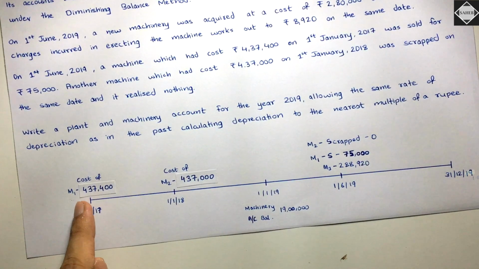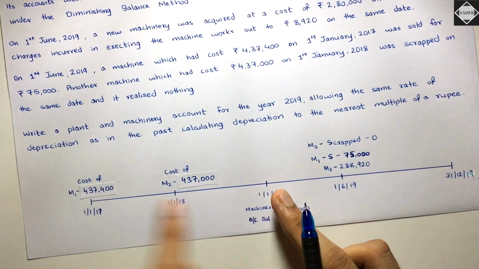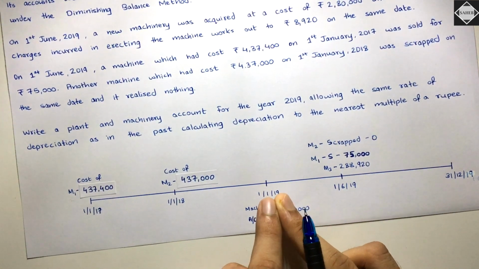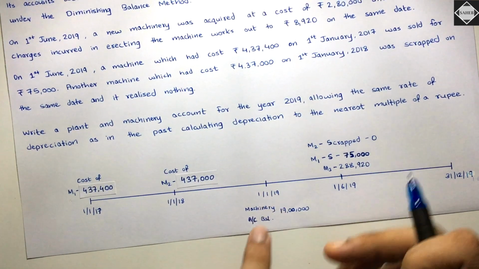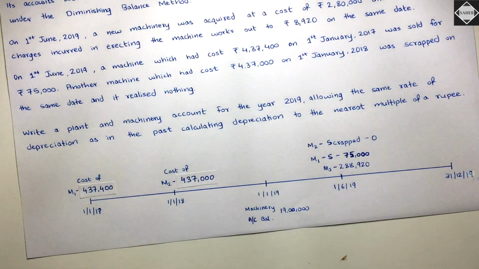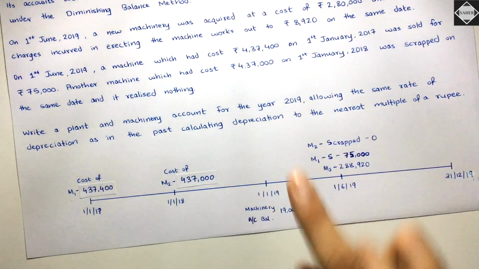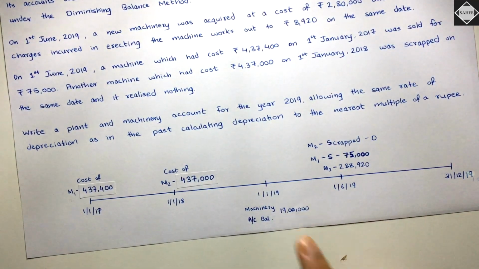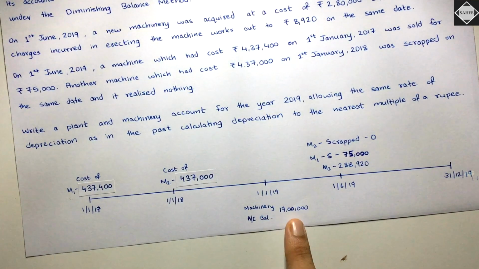You depreciated M1 for 1 year, 2 years. So you will have the WDV of M1 on 1st January 2019, and you will also have the WDV of M2 on this date, right? So just deduct them. Whatever the WDV of M1 and M2 on 1st January 2019, just subtract that from the 19 lakh. You will get the WDV of the remaining machinery in this 19 lakh.